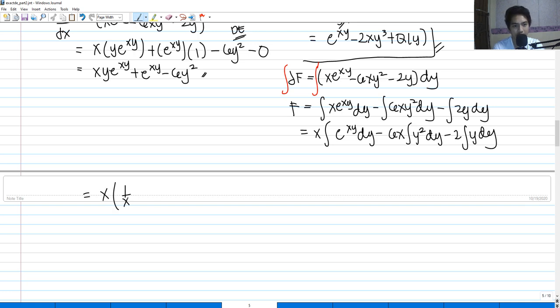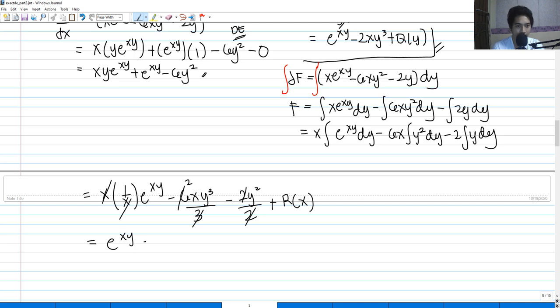So we have 1 over x multiplied by e raised to xy, minus 6x y cubed all over 3, minus 2y squared all over 2, plus r of x. So this cancels, and this also cancels. So we have e raised to xy minus 2xy cubed minus y squared plus r of x. So this is our other solution for f.